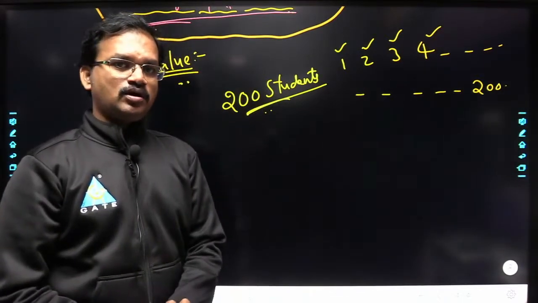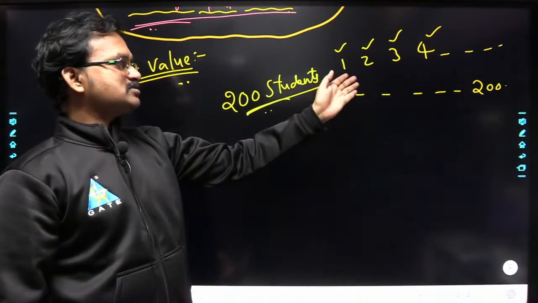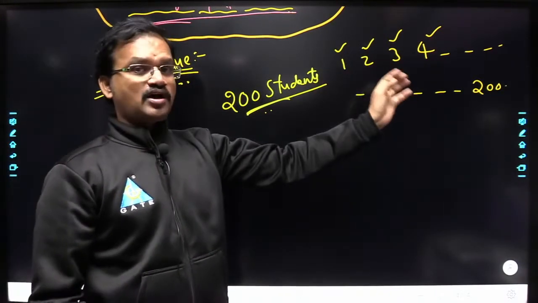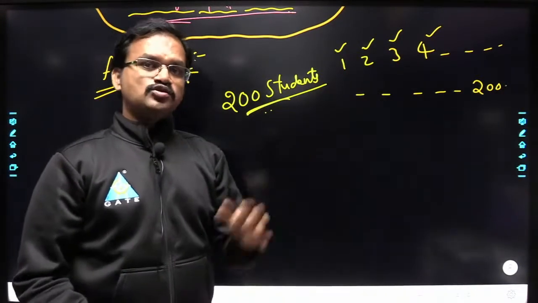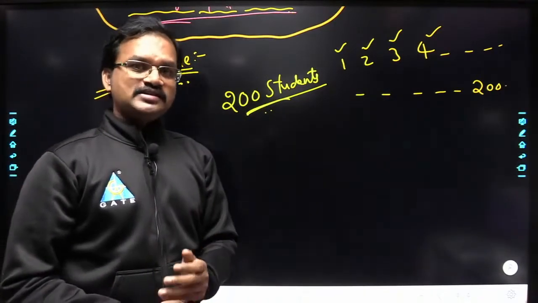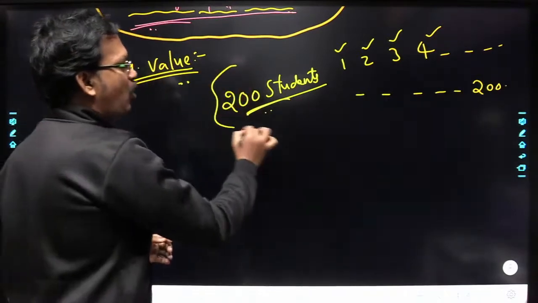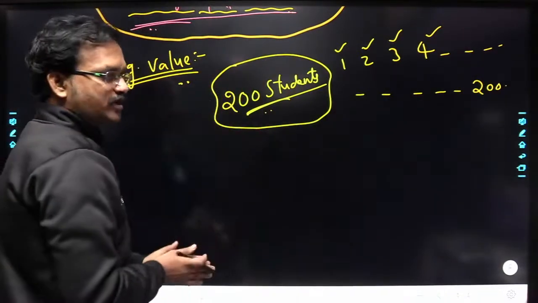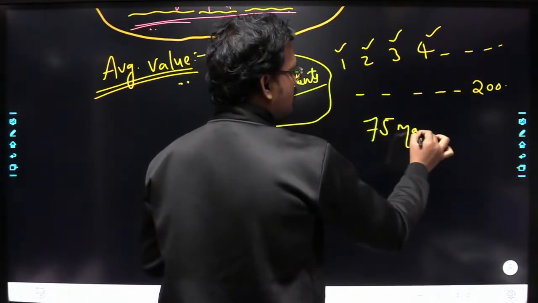Yes or no? So the teacher cannot explain the performance or the marks of each and every student. Instead, she can say that on an average in the physics exam, the whole 200 students have got an average of 75 marks.